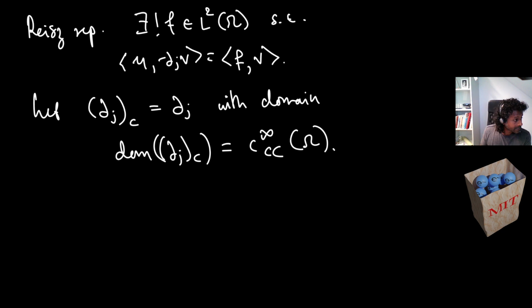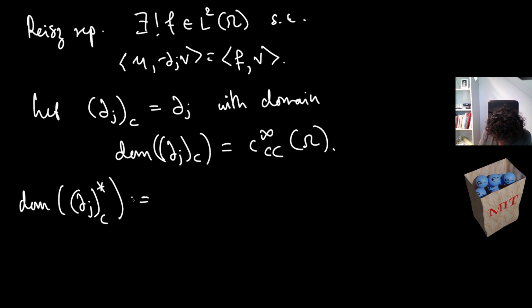So if we take this as the operator with domain, what is now the domain of partial J C adjoint? So this is the adjoint, right? So this is the maximal object.